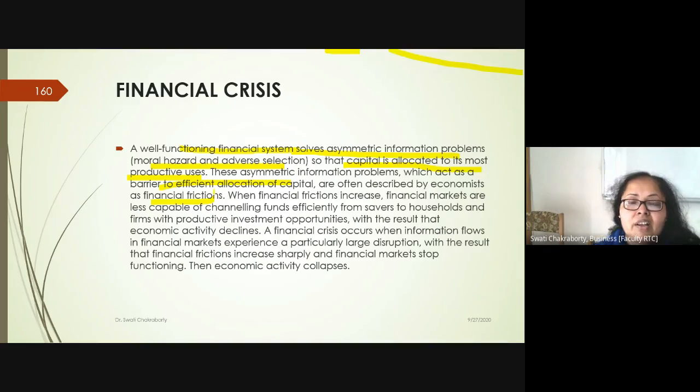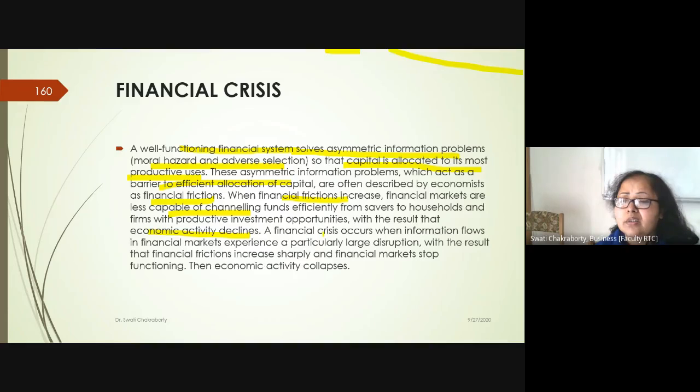Financial frictions. So when financial frictions are increasing, what happens? All the financial markets become less capable of channeling funds efficiently from savers to households and firms with productive investment opportunities, with the result that economic activity starts declining.